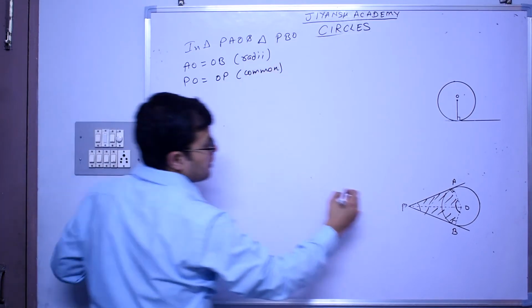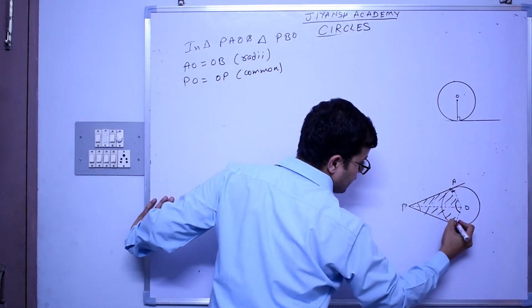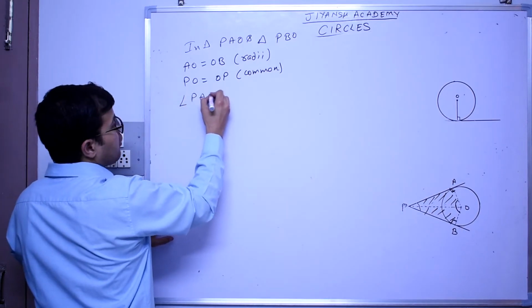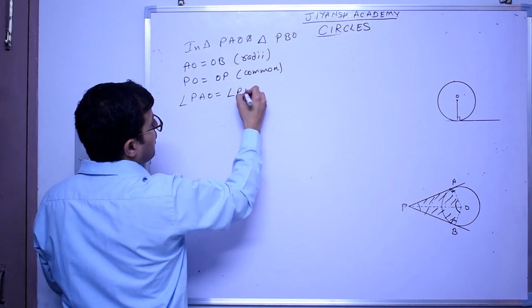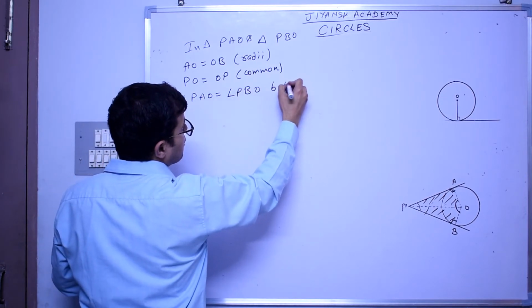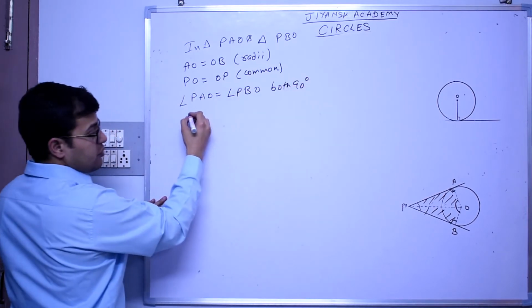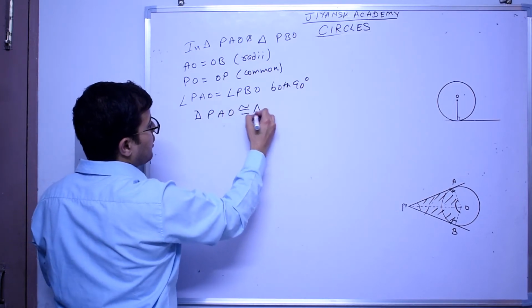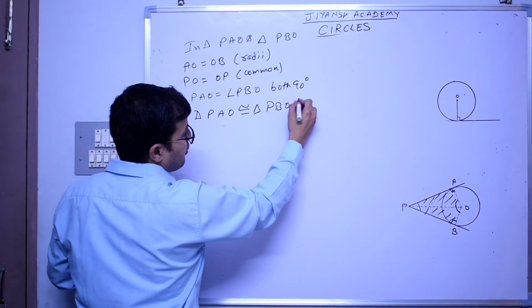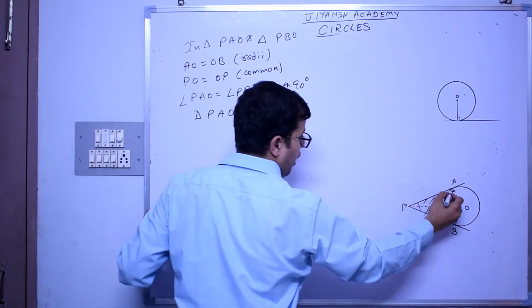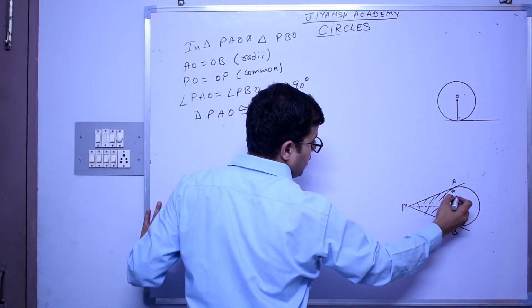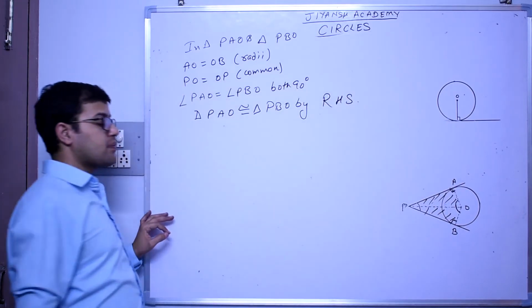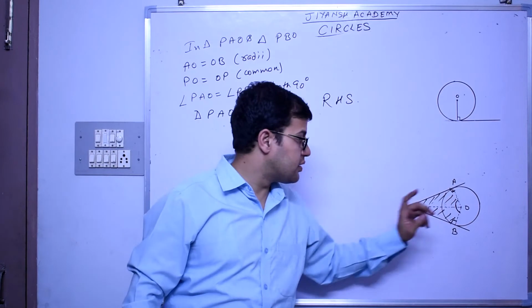And we know that a tangent forms 90 degrees at the point of contact from the center. So angle PAO is equal to angle PBO, both 90 degrees. So I'll write triangle PAO is congruent to triangle PBO by, this is R, this is H, and this is S. So by the RHS rule, right angle hypotenuse side.